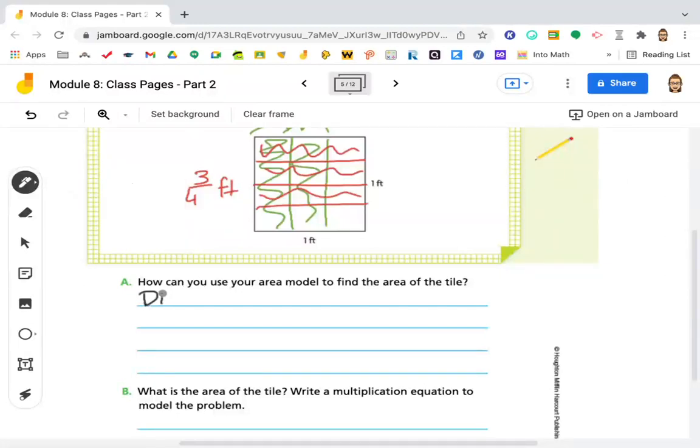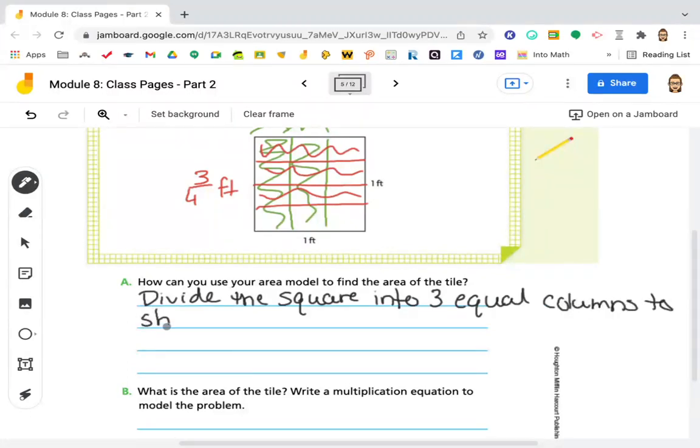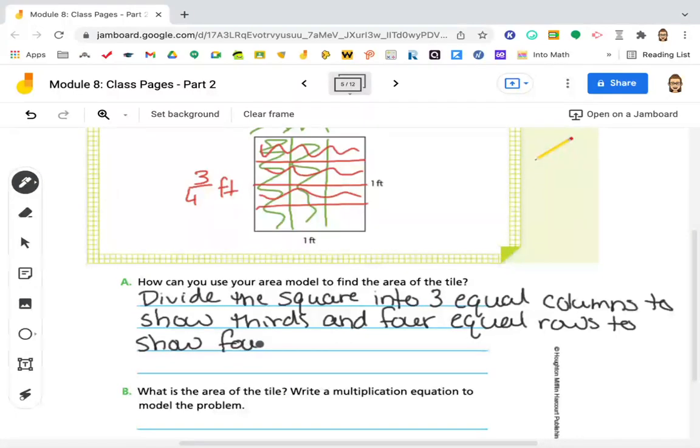Well, we're going to divide the square into 3 equal columns to show thirds, and 4 equal rows to show fourths.